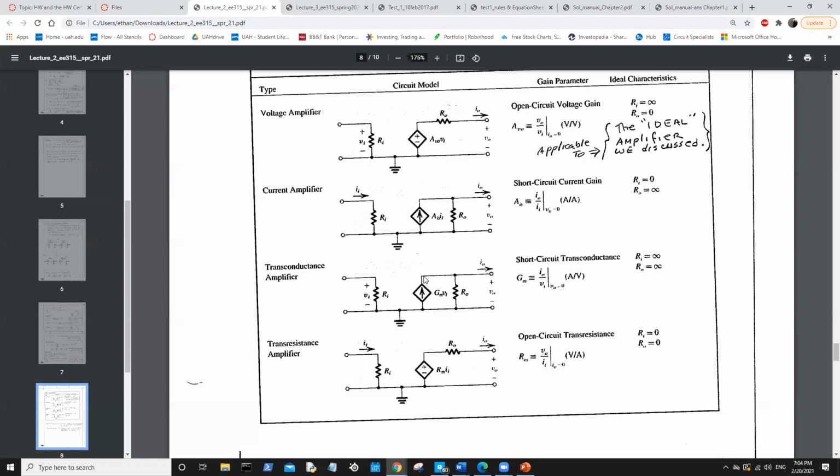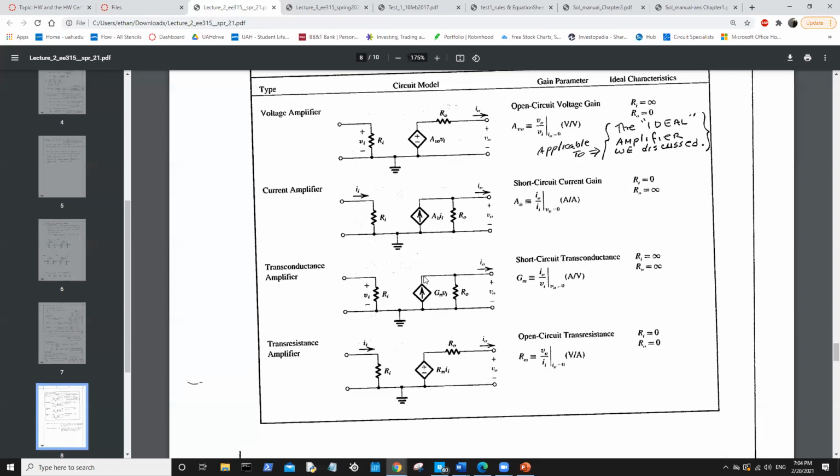Now when you look at it, it's pretty basic. Looking at the gain parameters, open circuit voltage gain and short circuit current gain are given as parameter A with subscript I, S, or VO. Transconductance is amps per volt, and transresistance is volts per amp.